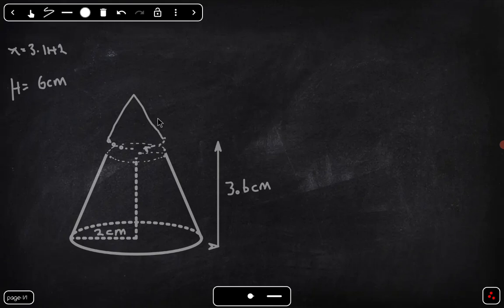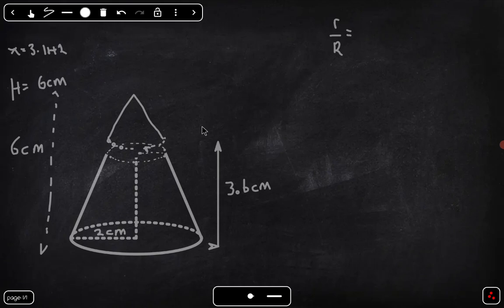Now we are told that the height before this cone was cut, meaning all the way from here up to here, the total height was 6 centimeters. Then we are simply asked to find this radius. We use this formula: the radius of the smaller cone, the one that was cut, over the radius of the whole bigger cone, equals the height.